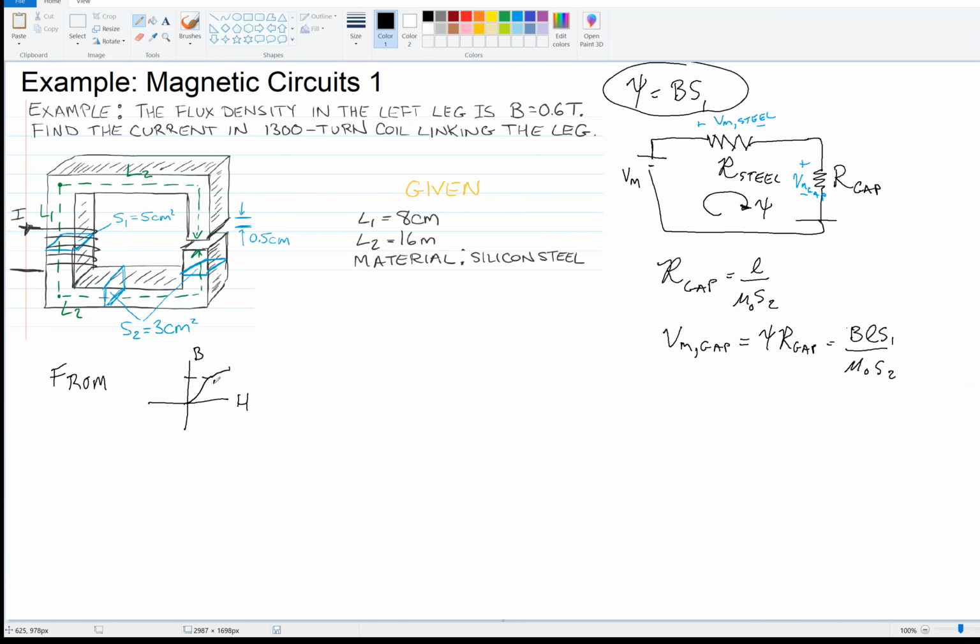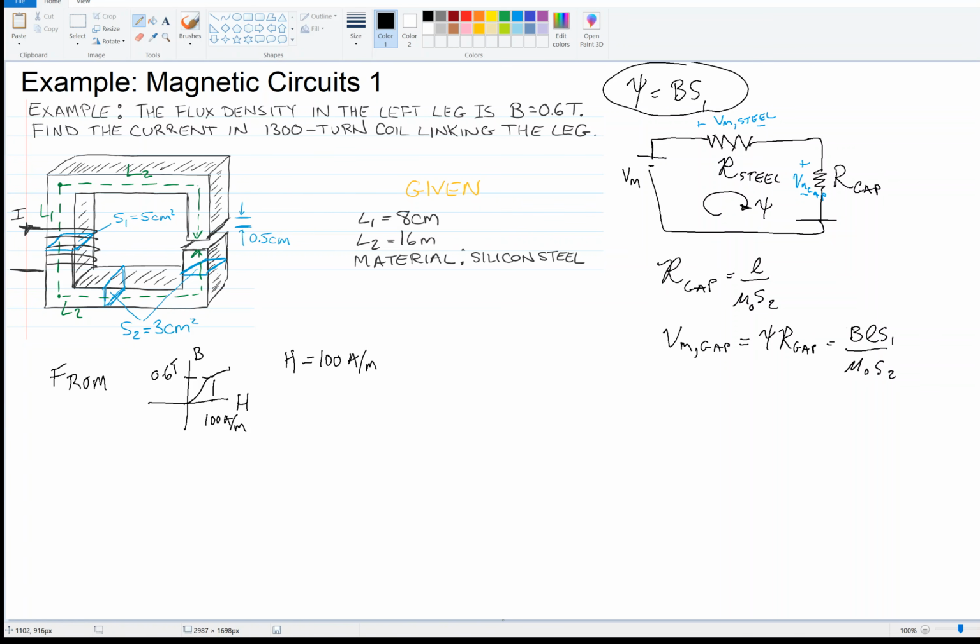If you go back to that plot, you'll see that a B of 0.6 Tesla corresponds to 100 amps per meter. So from that plot we know that the magnitude of H is 100 amps per meter.